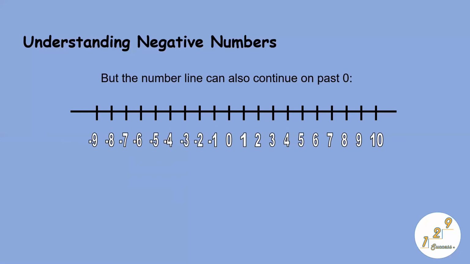You guessed it, these are our negative numbers, and that's because we have a negative sign in front of them, and you might know it as a minus sign. We call these our negative numbers.